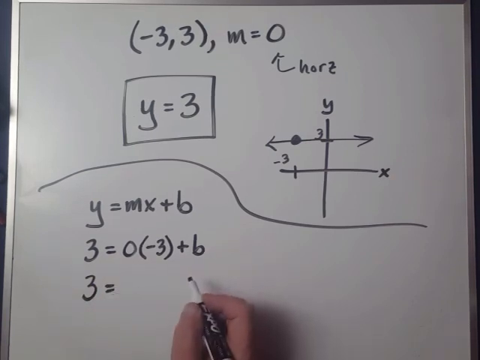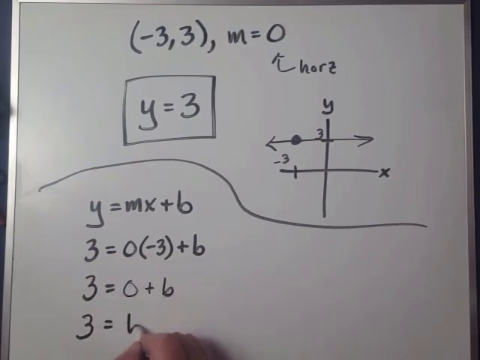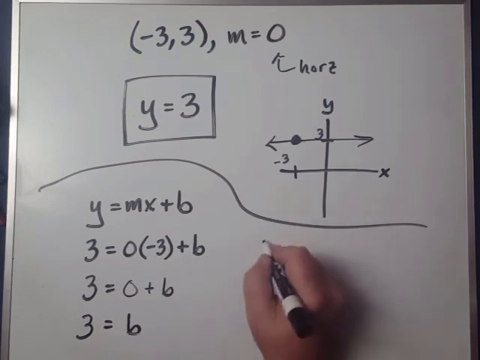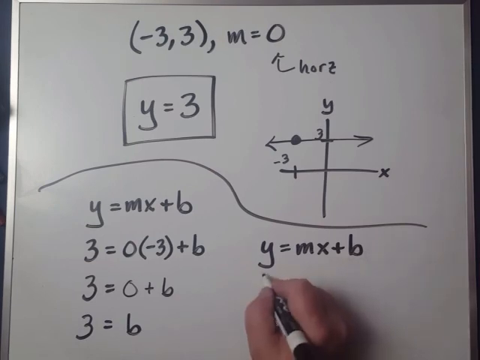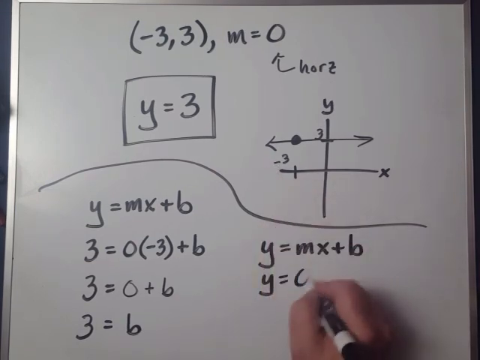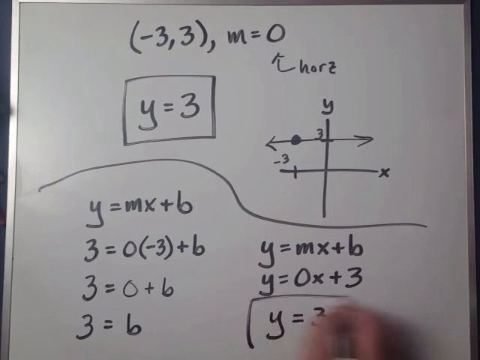That's 3 equals b. And then I could plug in my value for m and this found value for b. 0x is just 0 plus 3 is just 3. And so there would be my final answer.